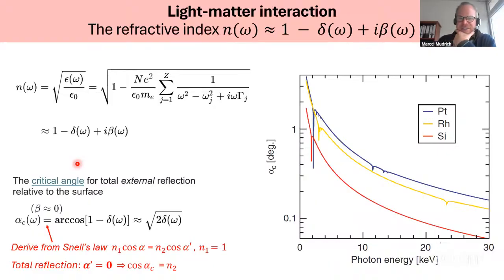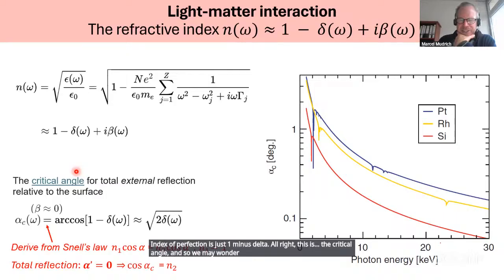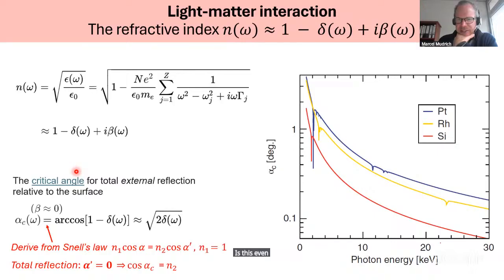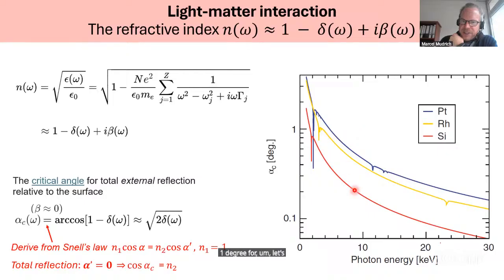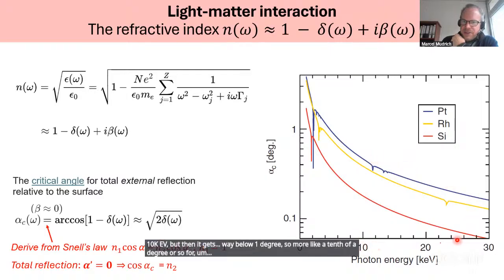All right, this is the critical angle, and so we may wonder how large these critical angles are for real materials. Is it even realistic to get into this regime of total external reflection? And yes, it is, but you see here the critical angle is very small, on the order of 1 degree for soft X-rays up to 10 keV, but then it gets way below 1 degree, more like 1/10 of a degree or so for 10 keV and 20 keV and larger.